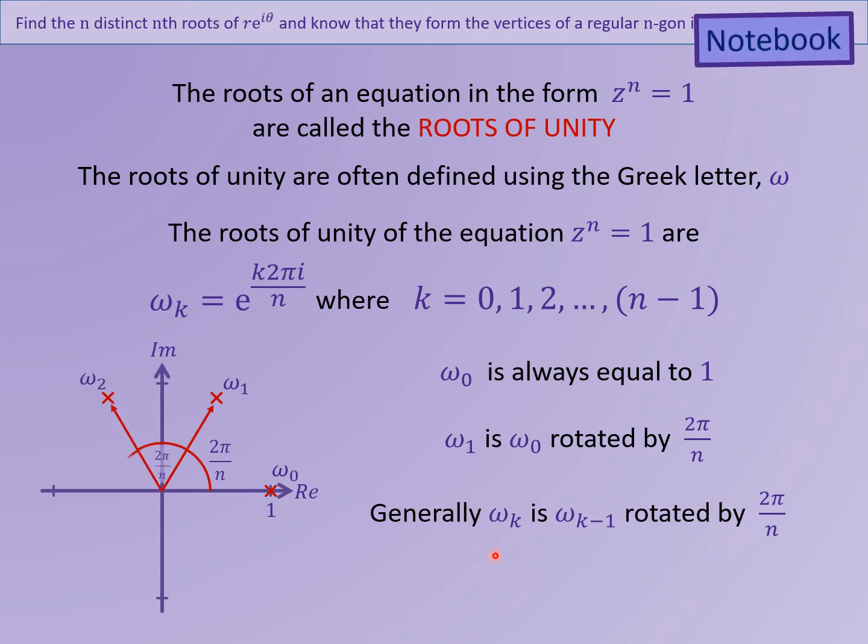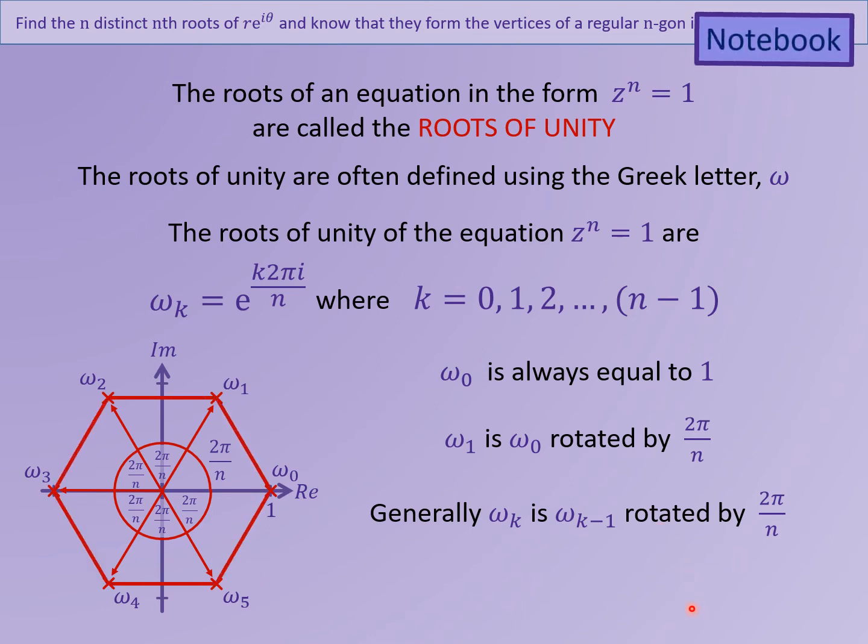Generally speaking, if I want to get to the next root, I just keep rotating round, as you can see from the diagram, by 2 pi over n. Got a fifth solution there, and the sixth solution, and then back to where I started. None of that should be a major surprise because you've got that polygon that we talked about before, which is a solution to, in this case, z to the power 6.